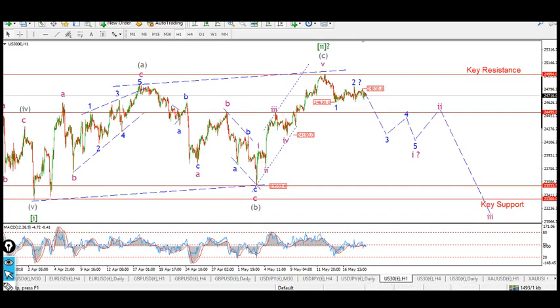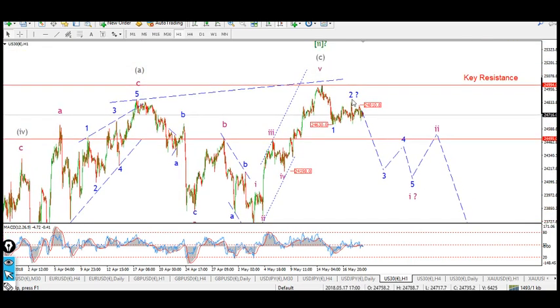So in the short-term pattern, we're still kind of playing around with the idea that this is a second wave correction. It wouldn't inspire a whole lot of confidence, the move off today's or yesterday's high, was it? Yes, yesterday's high. The market is pretty flat. The move down has been muted.